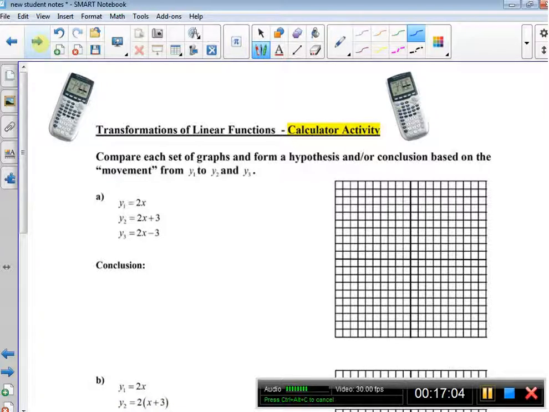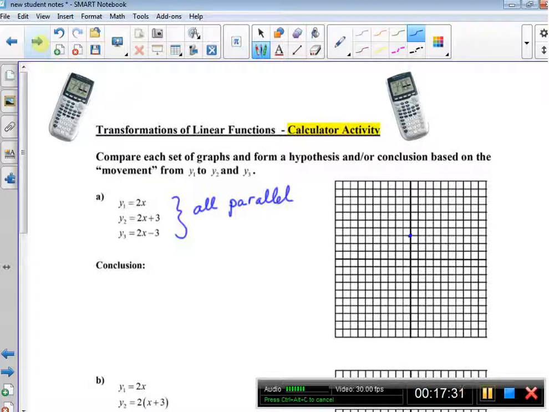Compare each set of graphs and form a hypothesis and/or conclusion based on the movement from y1 to y2 and y3. Okay, so if we take y1, if we take all of those and we do plus 3 and then minus 3, first of all, they're all parallel because they all have the same slope. And if we graph them, they have different intercepts.